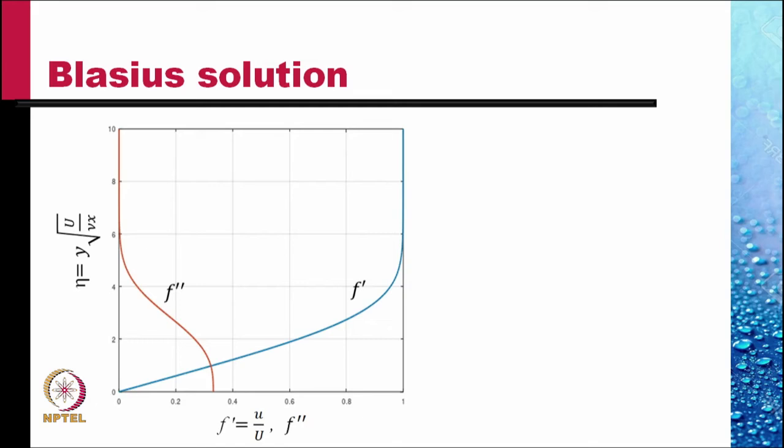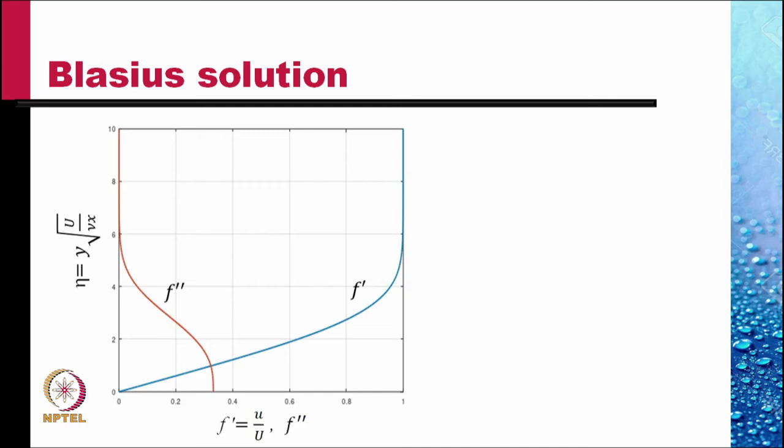With a small MATLAB program we have been able to solve this. F prime is shown to vary like this blue curve, 0 at the wall and tending to 1 asymptotically as eta becomes large.